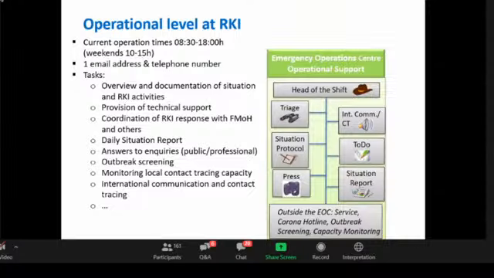And then we've got a position called international communication and contact tracing, and they are in close contact with the other countries, either via the WHO or the European early warning and response system, and they also share, for example, the personal data with the other states, and also if we receive personal data for contact tracing from other states, they also transfer this data to the local health authorities. Next slide.